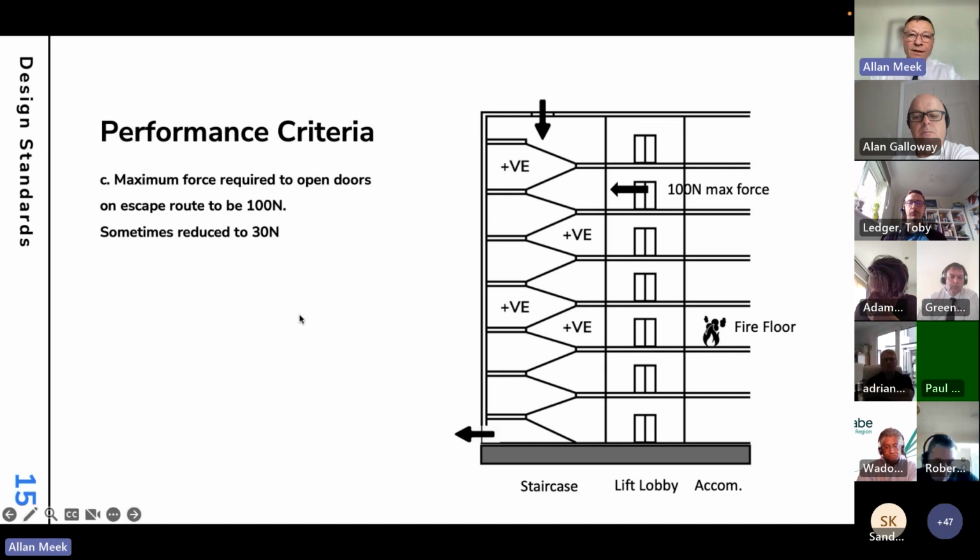Sometimes on buildings where there might be less able people, then that can be reduced to 30 newtons. Sometimes the 30 newtons only applies in normal use and not in firefighting conditions. So that's not 100% clear. So it's worth clarifying whether the design is for 30 newtons in fire condition or 30 newtons in non-fire conditions.